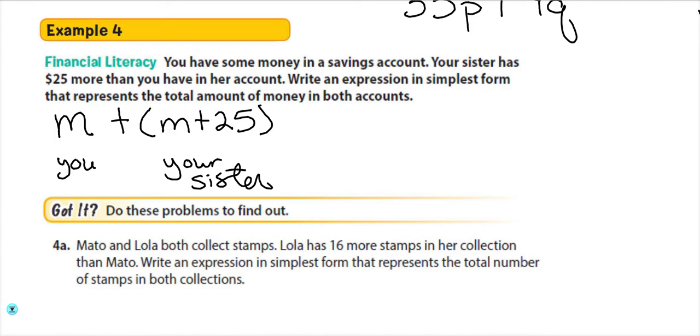All right, so how much total would it be? Well, I have an M plus an M, so that's going to be 2M, and then we have plus 25. So all together in both accounts, we would have 2M plus 25.